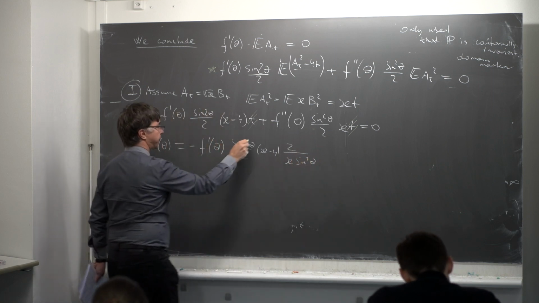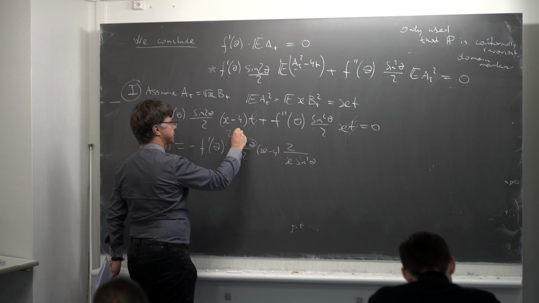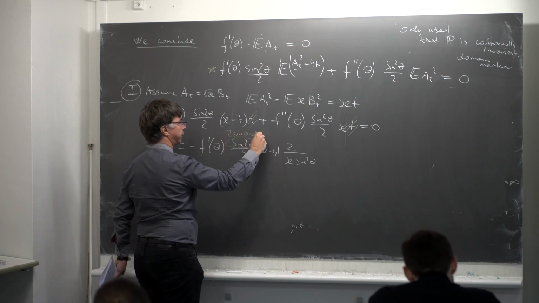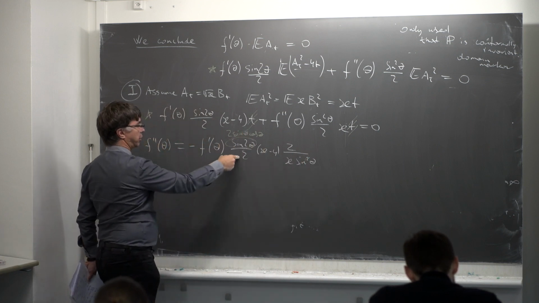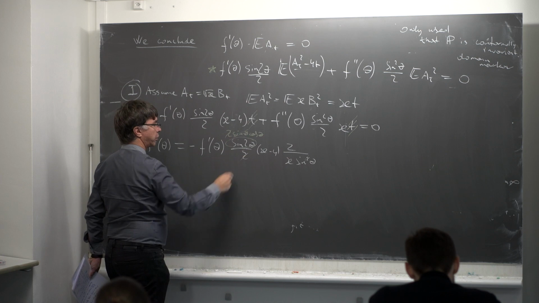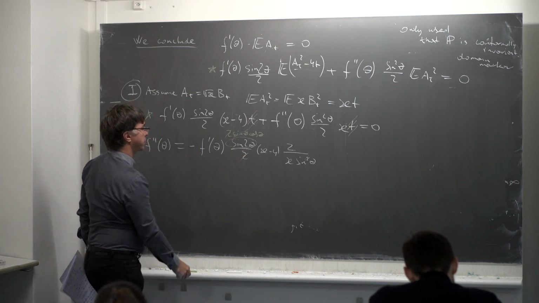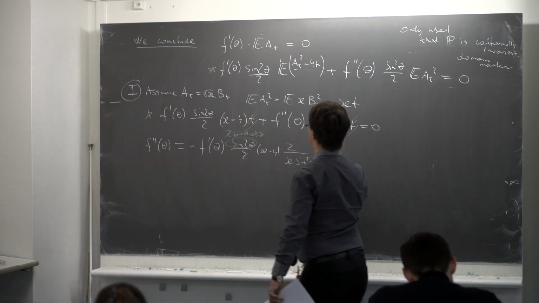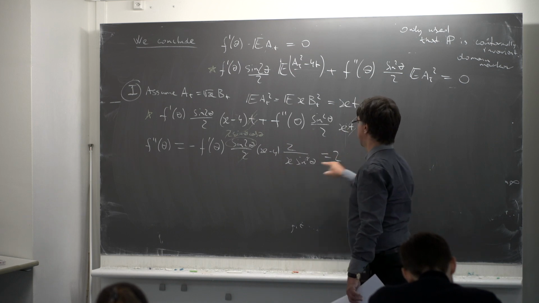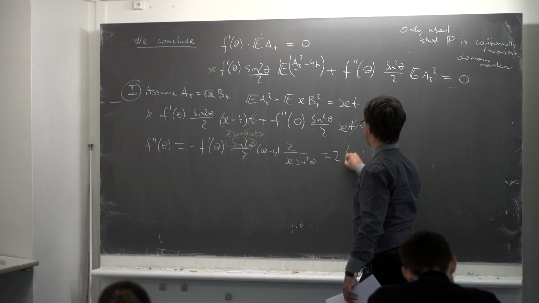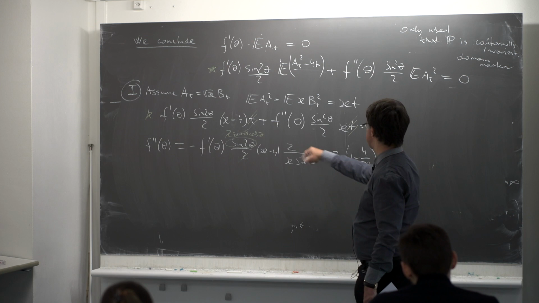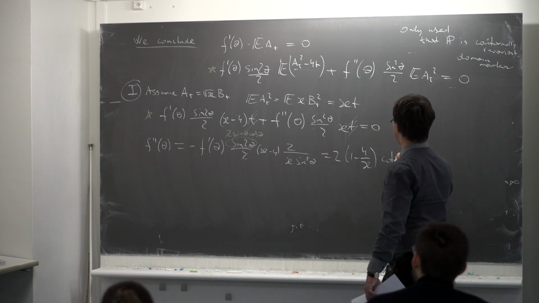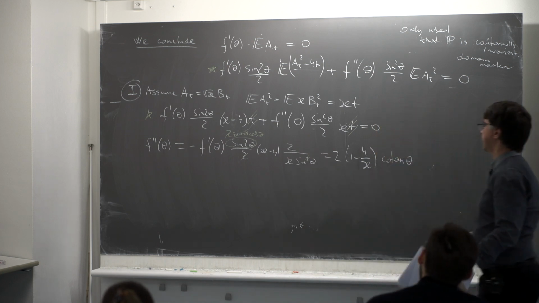By the way, sine twice theta is twice sine theta cosine theta, so one of the sines goes away. The 2 and 2 go away. So we get 2 times (kappa minus 4) over kappa, that will be just 1 minus 4 over kappa. And we get cosine over sine, it's cotangent of theta.